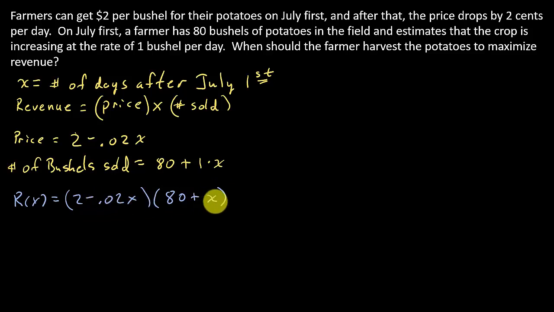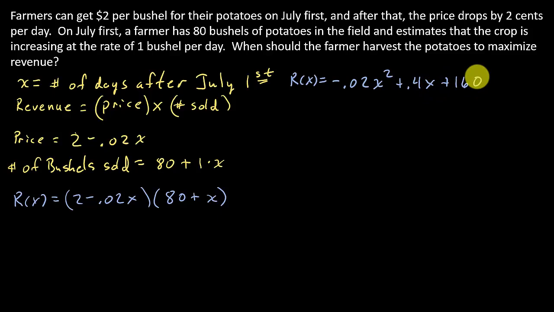So I'm going to FOIL this out, combine like terms, and that ends up giving me the revenue is equal to negative 0.02x squared plus 0.4x plus 160.